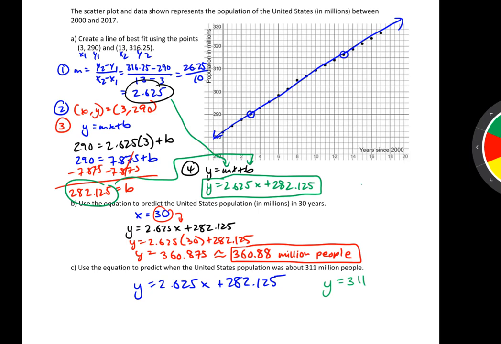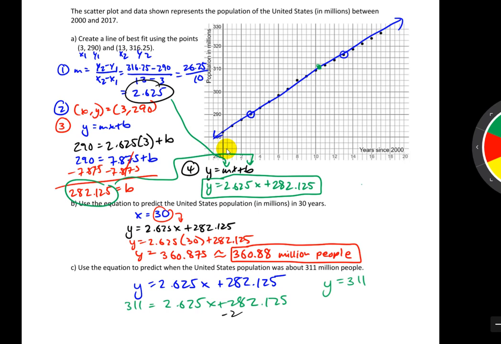Based on the graph, if we do this correctly, we should be somewhere maybe around here on the y-axis. We'll see. But this is 311 equals 2.625x plus 282.125. Now we're going to solve this.